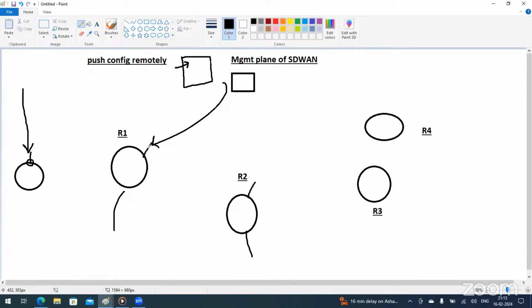When we are pushing the configuration remotely, SD-WAN identifies that after pushing the configuration, I have lost the access to the device, right? R1 would keep polling the management plane component. As soon as R1 identifies that last time some configuration was pushed, and after that I have lost the access to the management plane component, it would automatically roll back its configuration to the previous one.